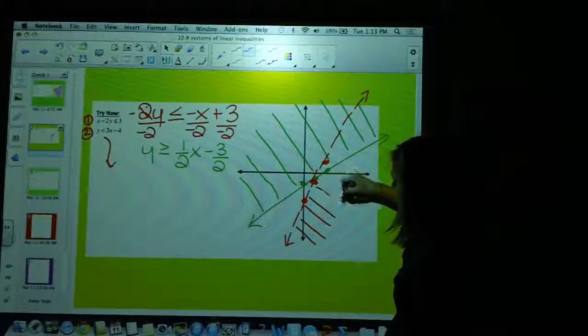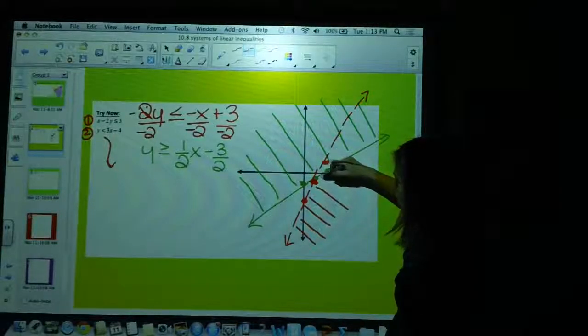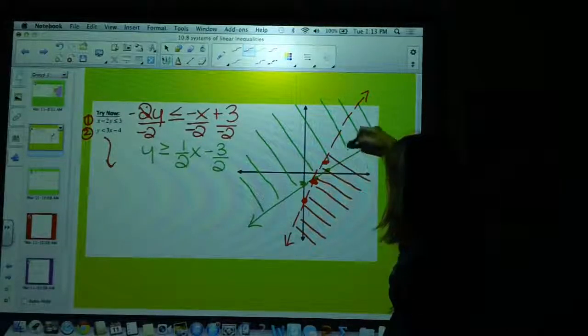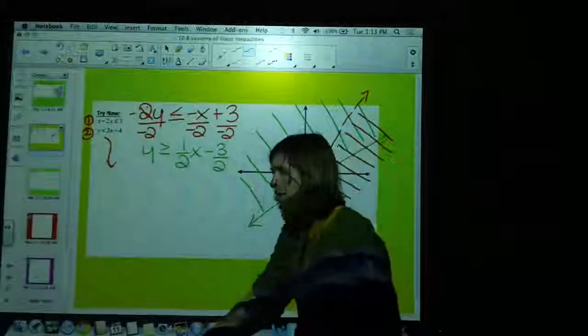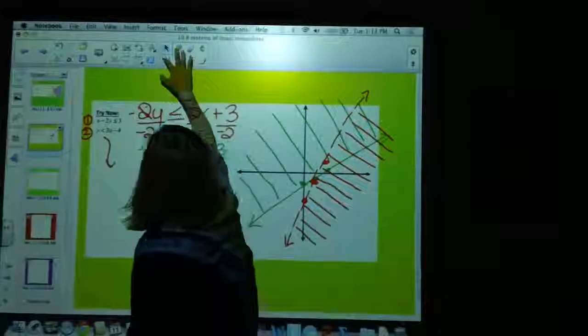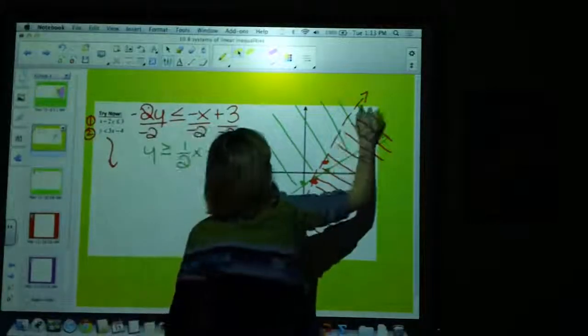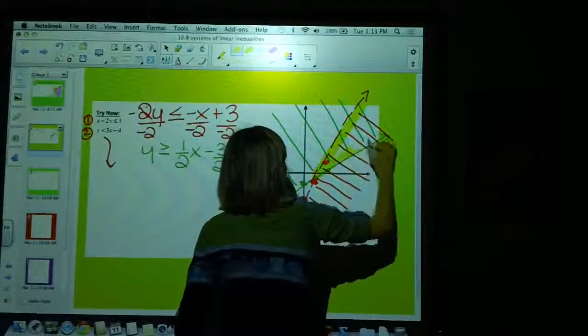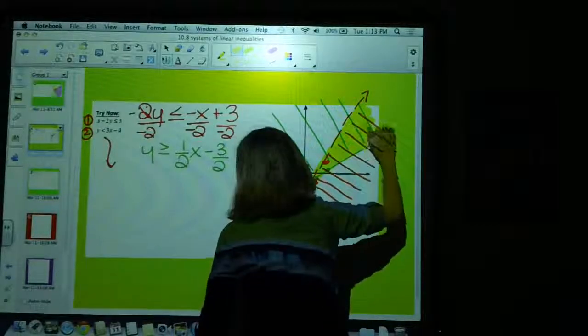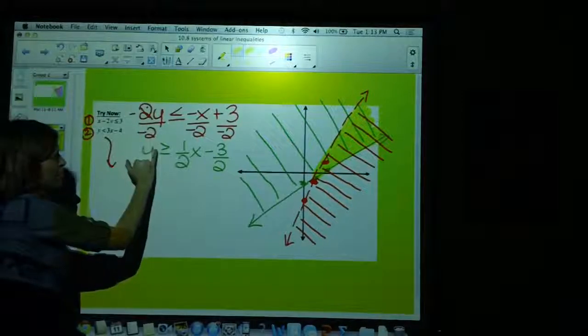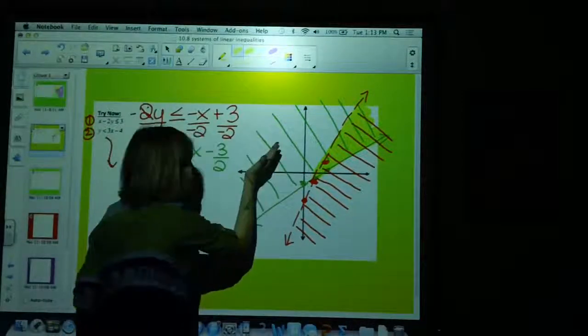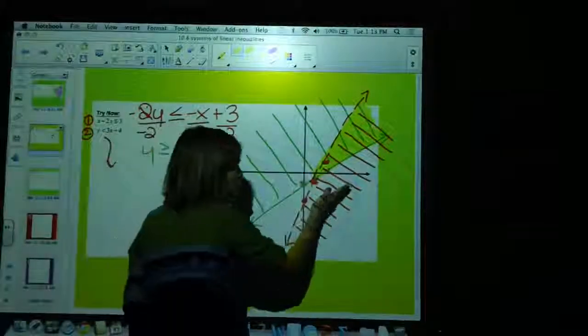You see where it's overlapping? In the first quadrant. The overlapping area would be the first quadrant, right here. This is y is greater than, which is above. This one's y is less than, which is below.